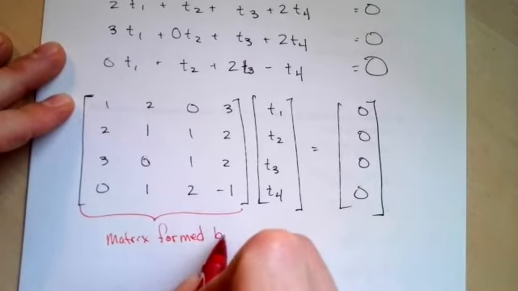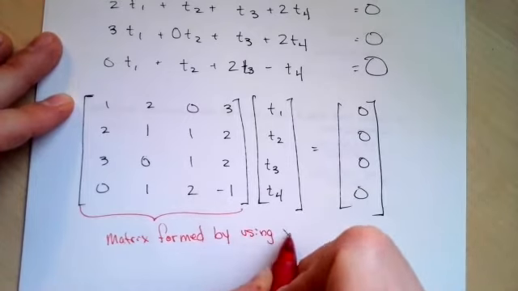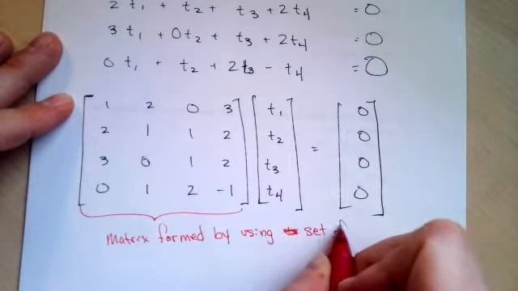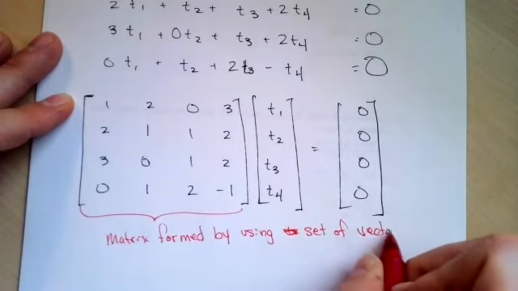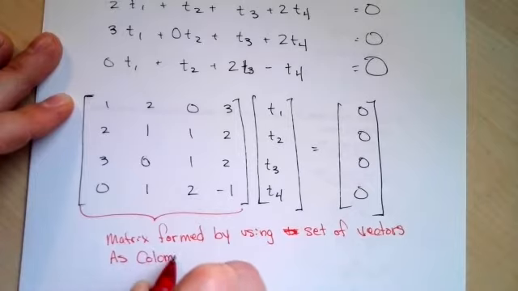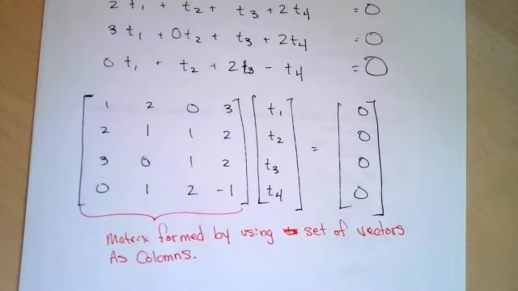formed by using the set of vectors as columns. So this actually builds a little bit of geometry into this notation. Matrices, if you have to take higher linear algebra courses and higher level math classes, are fantastic objects.